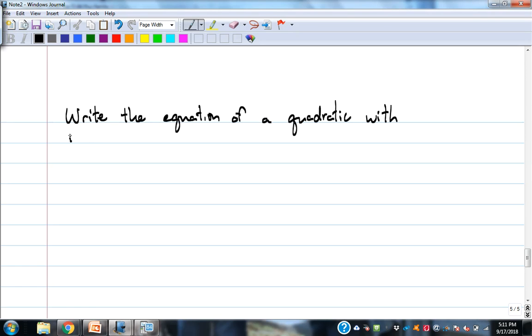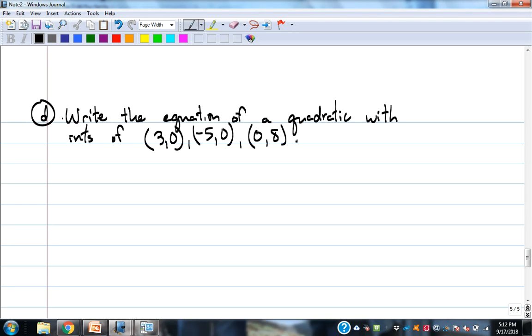With intercepts of 3, 0, negative 5, 0, and 0, 8. Now, because they gave me intercepts, what form do you think I should start with?